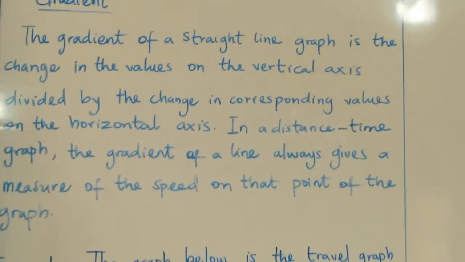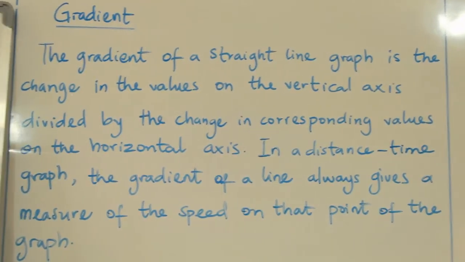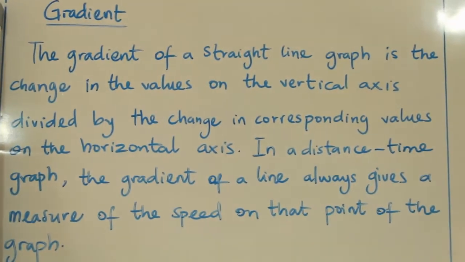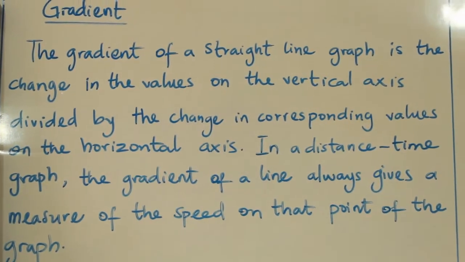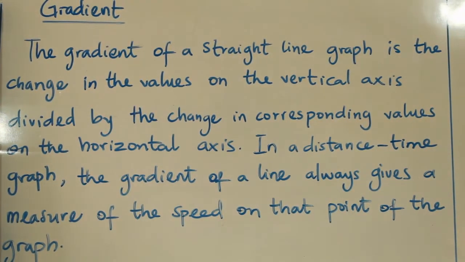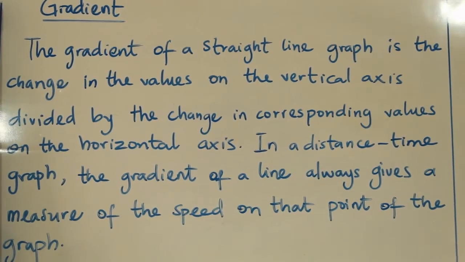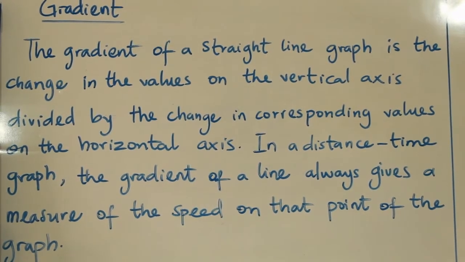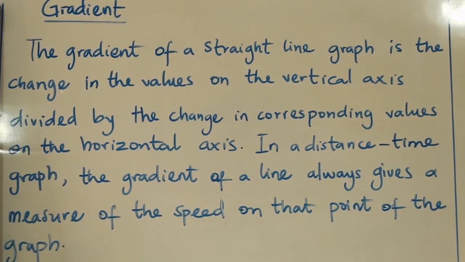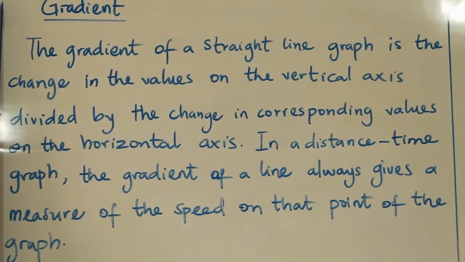The gradient of a straight line graph is the change in the values on the vertical axis divided by the change in corresponding values on the horizontal axis. In a distance time graph, the gradient of the line always gives the measure of the speed at that point on the graph.